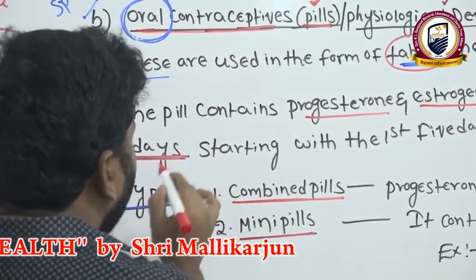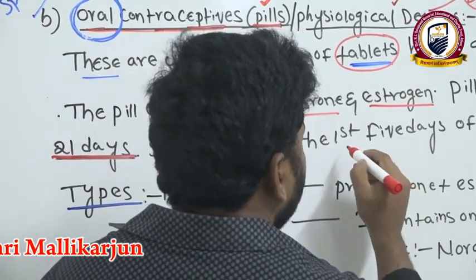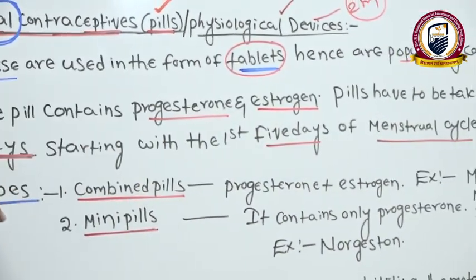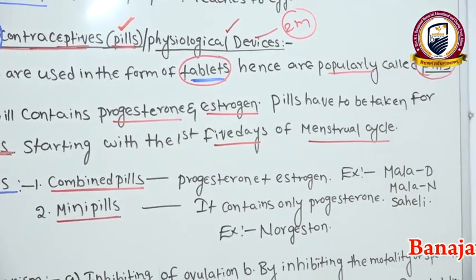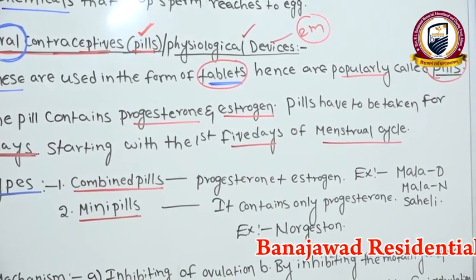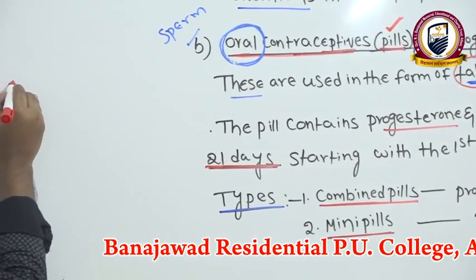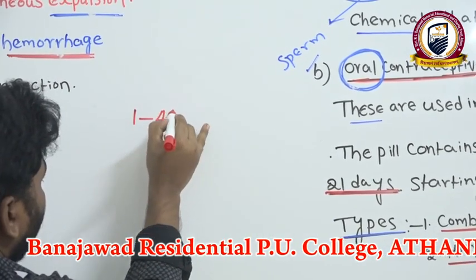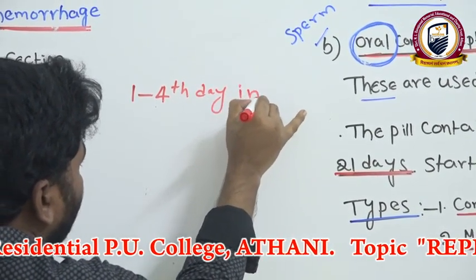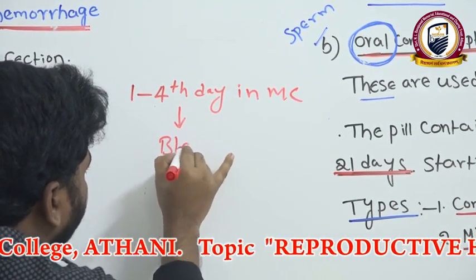21 days, starting with the first 5 days of the menstrual cycle. It means how we are going to take these pills, when we have to start and when we have to stop. You can see here, the first day to fourth day in the menstrual cycle, this period we call the bleeding period.